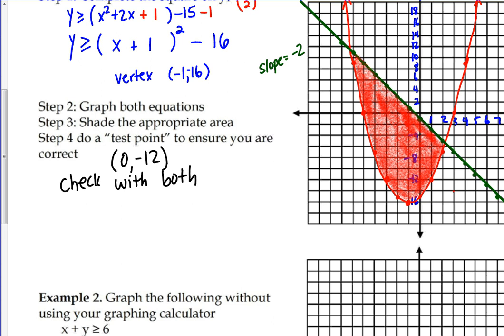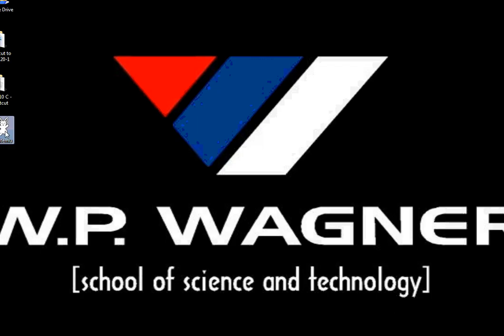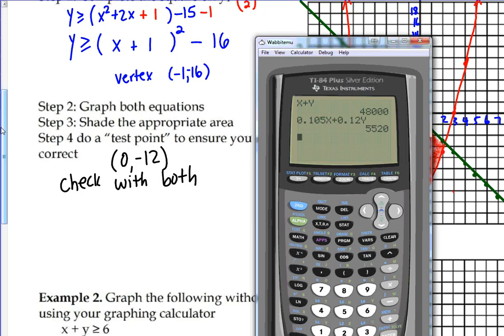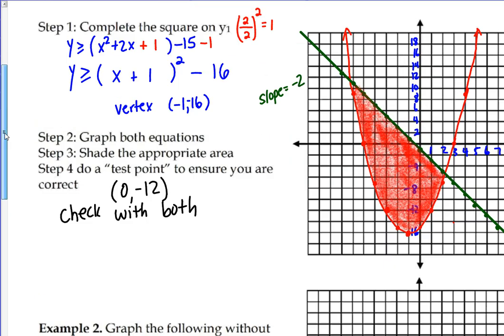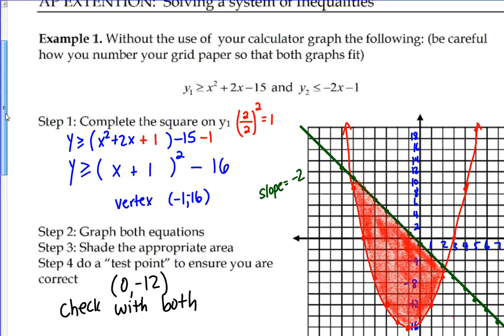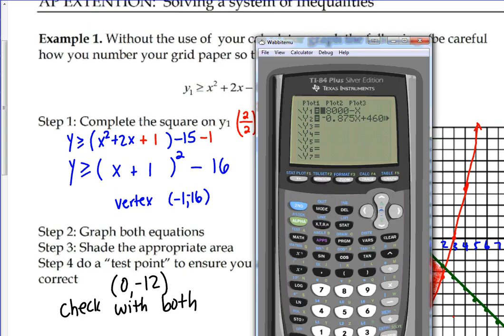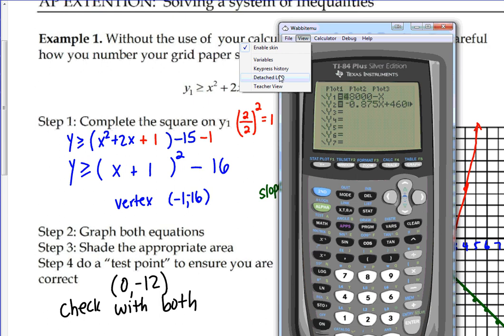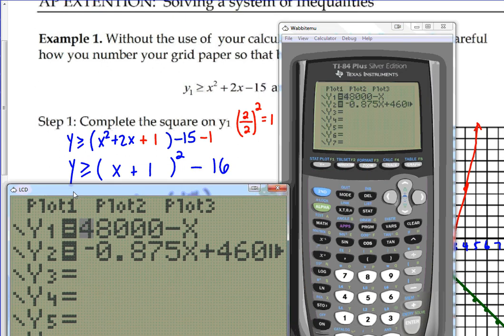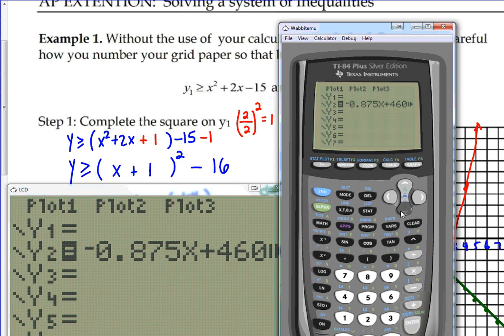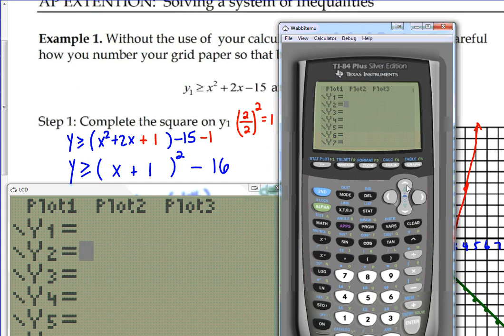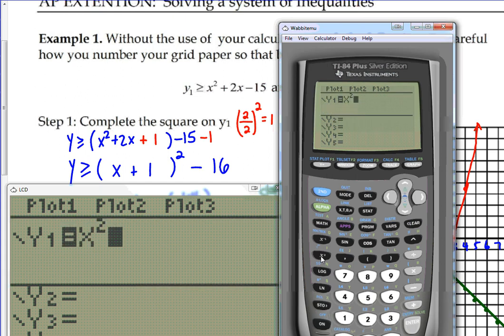So your graphing calculators can do this too. I'm just going to grab mine. Okay, when I go to y equals, remember that your graphing calculators can do shading. So view LCD. Okay, so one of the equations was y is greater than x squared plus 2x minus 15, and so we wanted greater.